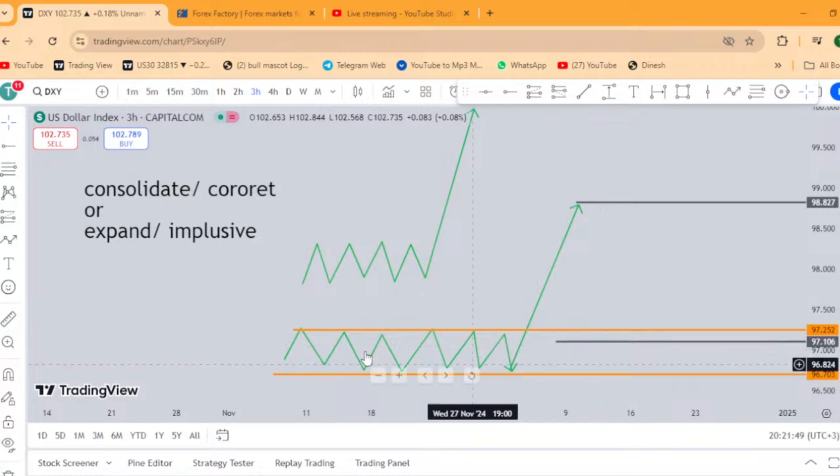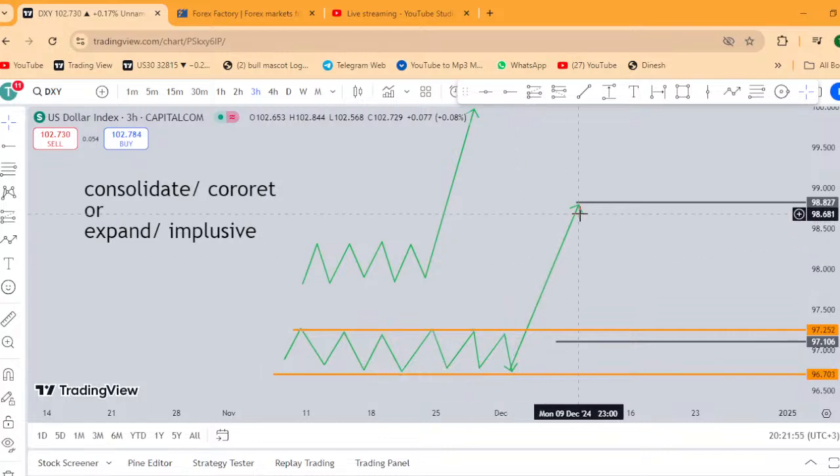Knowing that this range was a battle between buyers and sellers, and the buyers won, this indicates we have buyers at this point.